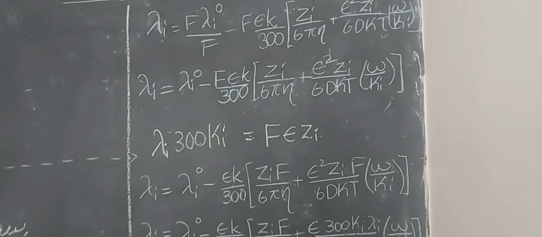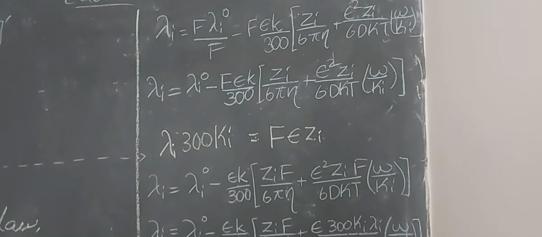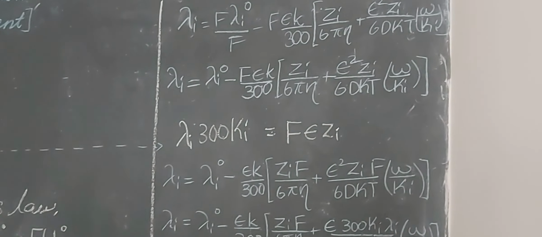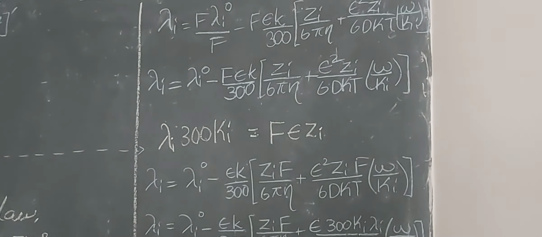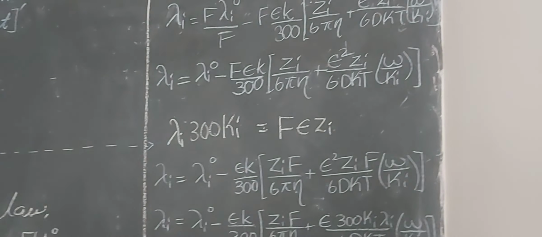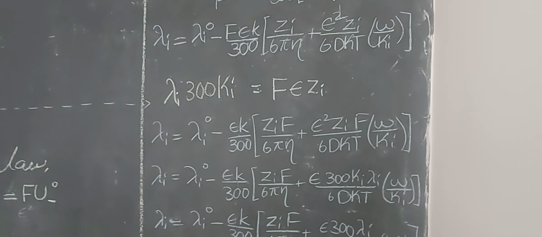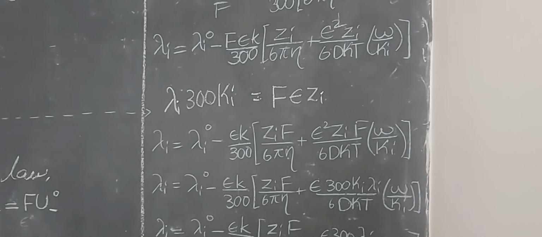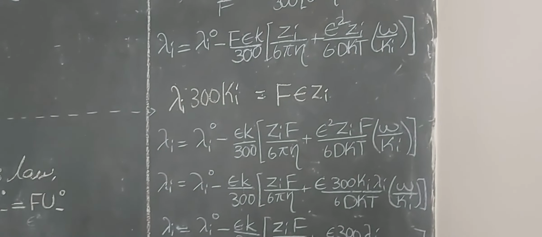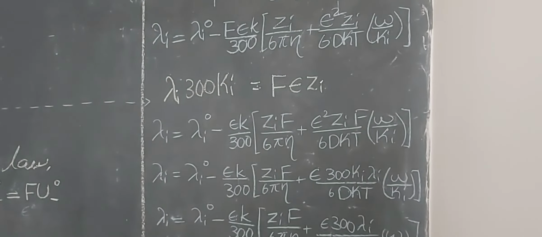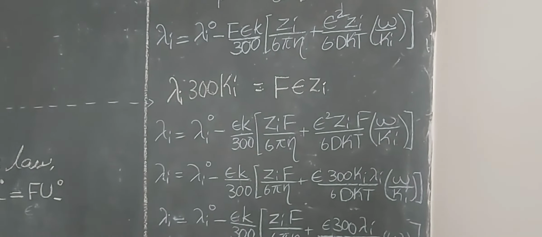I want to convert the above term, the second term, into f epsilon z_i. So I am taking the f which is outside of the bracket and multiplying that inside the two terms. So I am getting z_i f by 6 pi eta plus epsilon square z_i f by 6 d kappa T into omega by kappa_i. So I got the term which I want, epsilon z_i f.